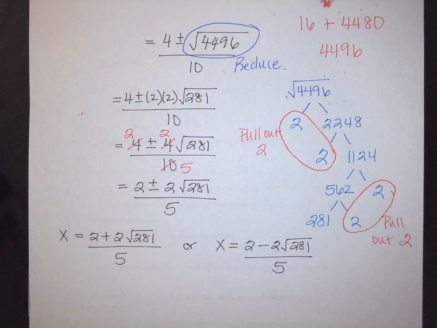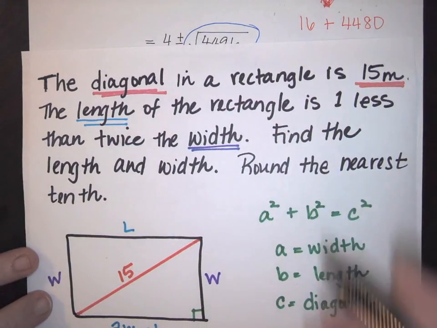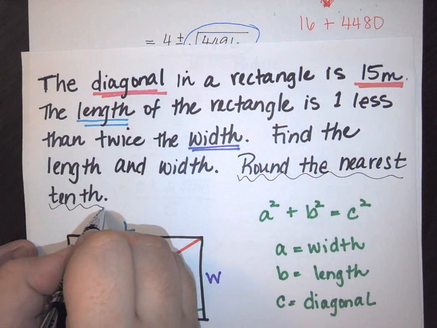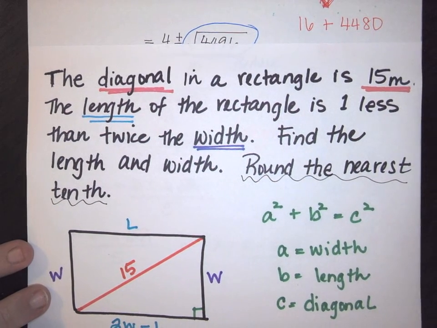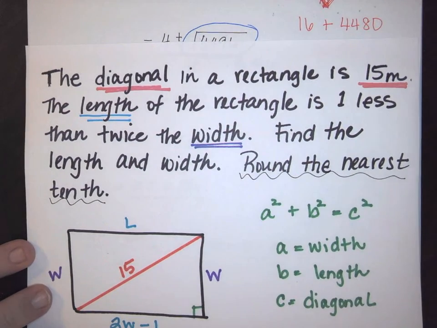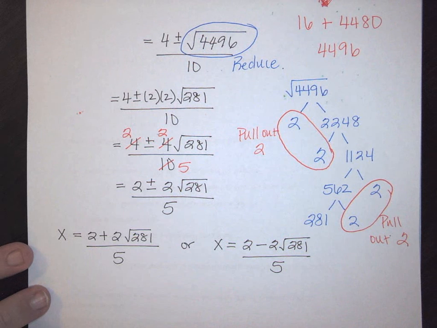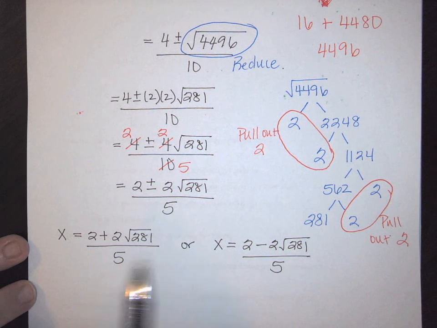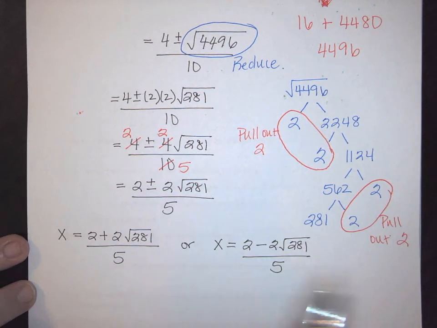Now, if you remember from the beginning, we have a statement that says round to the nearest tenth. That means we are expecting to get a decimal as a result. Well, we have to know which one of these values we're using and which one we're losing.